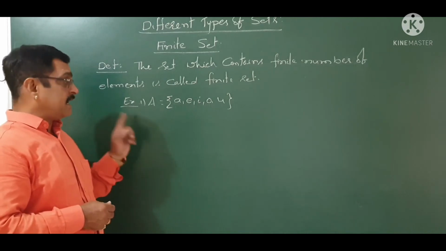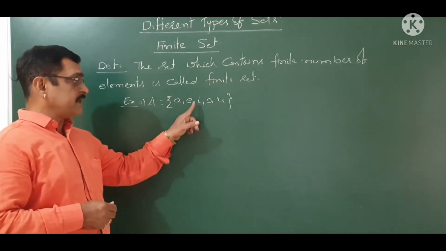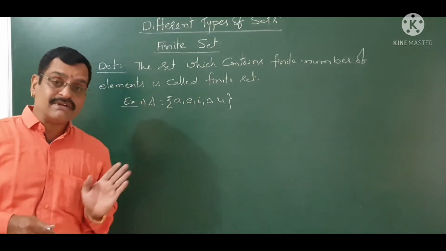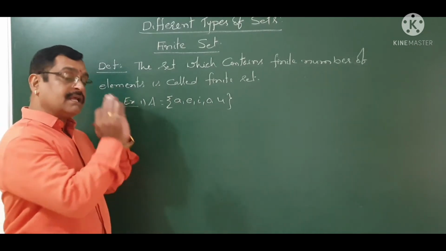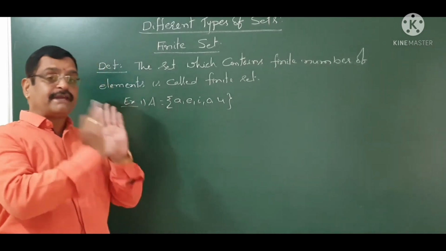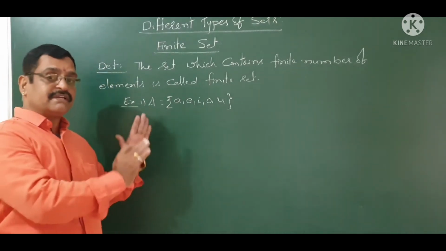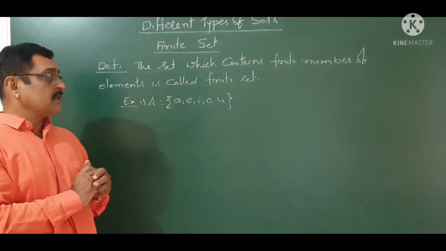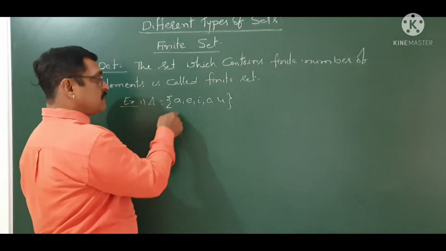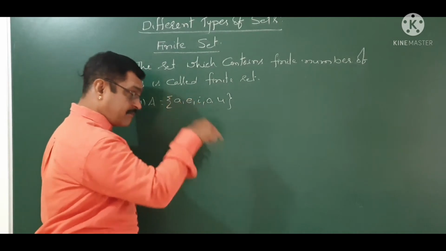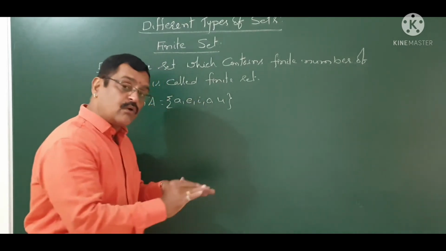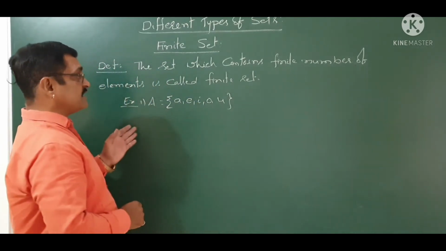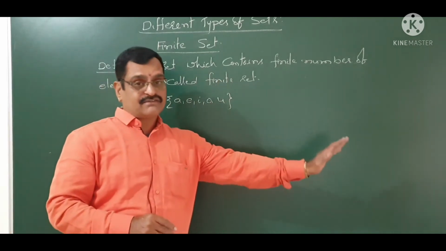In this set, I have 1, 2, 3, 4, 5. 5 elements are there. So here the number of elements is finite. We can count 1, 2, 3, 4, 5 and we can stop the counting also. So such sets are called finite sets.